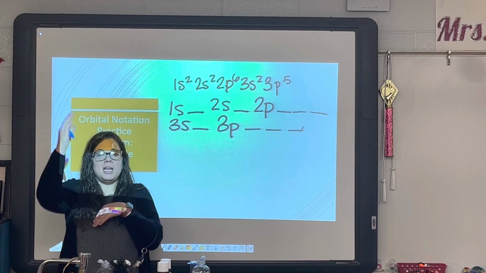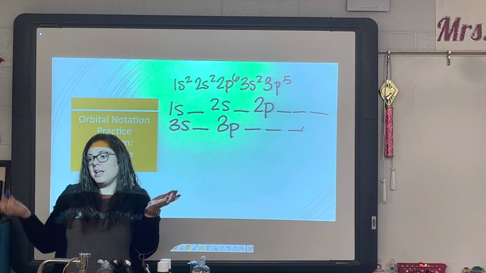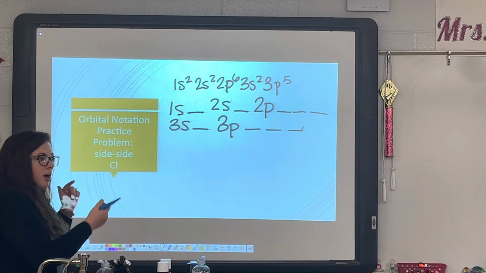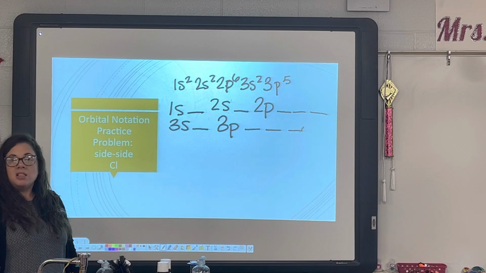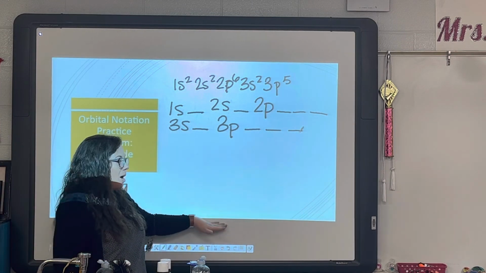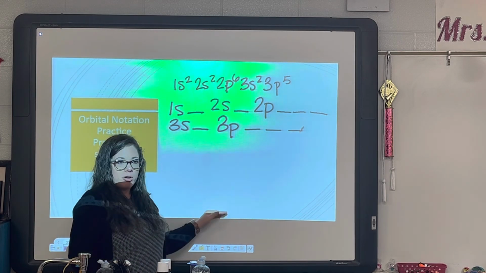I like doing it up and down because then I can just put all the s's get 1, all the p's get 3. I like doing it that way, but it does take up a lot more room on your paper. So you do have the option to do it this way if you prefer. It doesn't matter. It's just you need to go left to right or bottom to top. Do not do top to bottom.